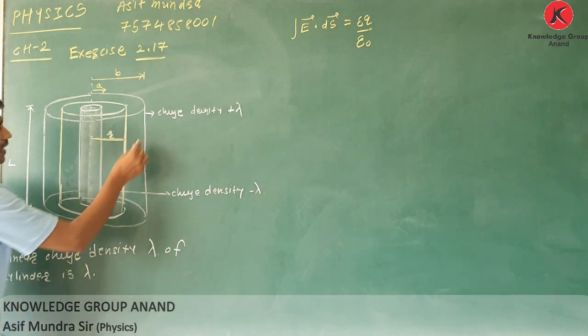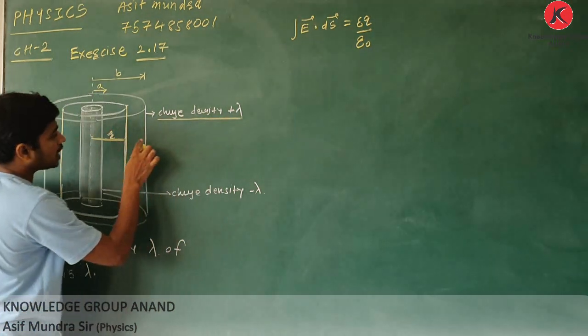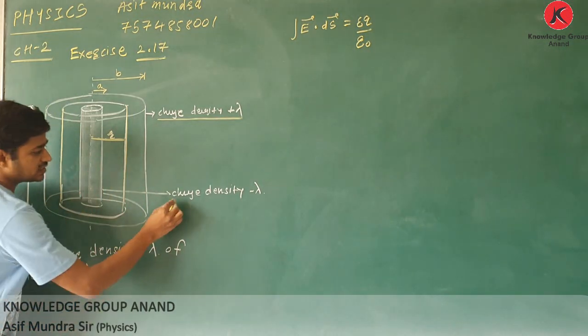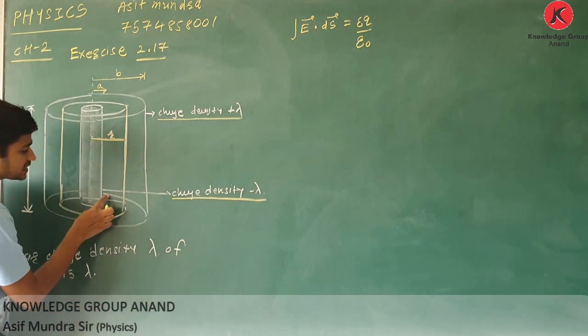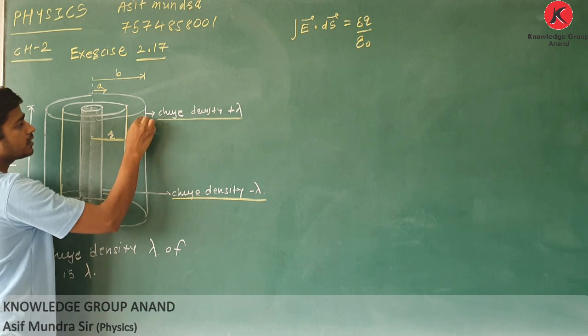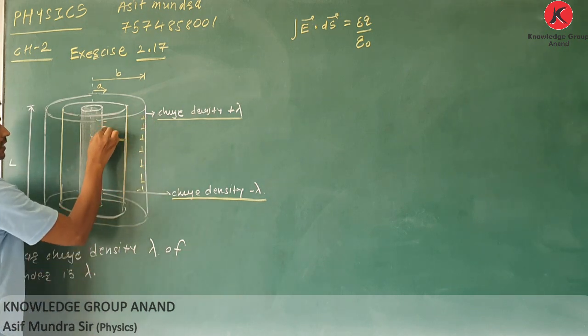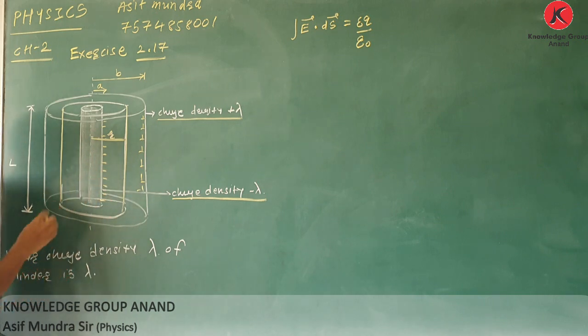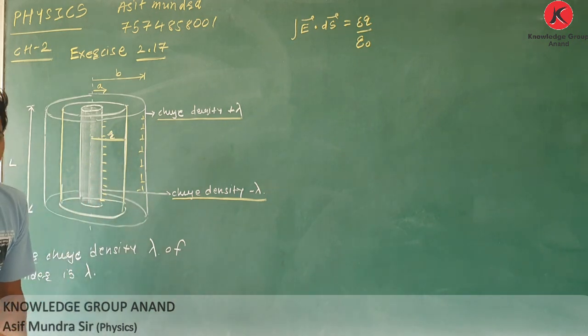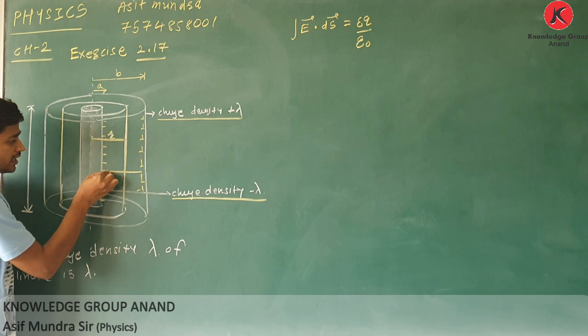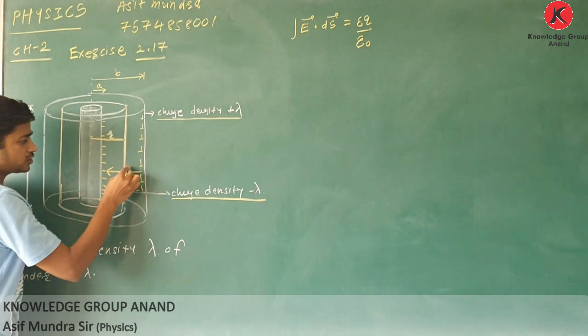So let the charge density on the outer cylinder be positive and on the inner cylinder be negative. Okay, so what is the direction of the electric field? The direction of the electric field is in this direction.